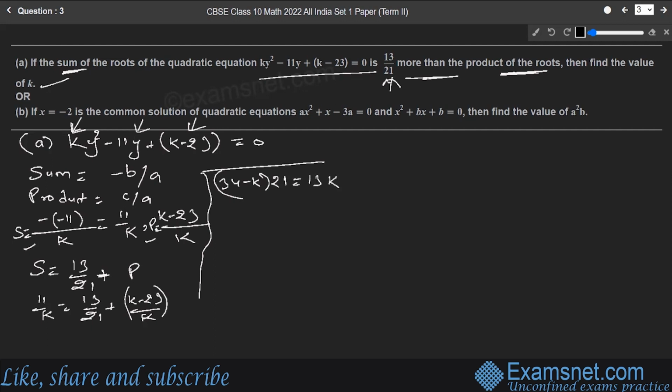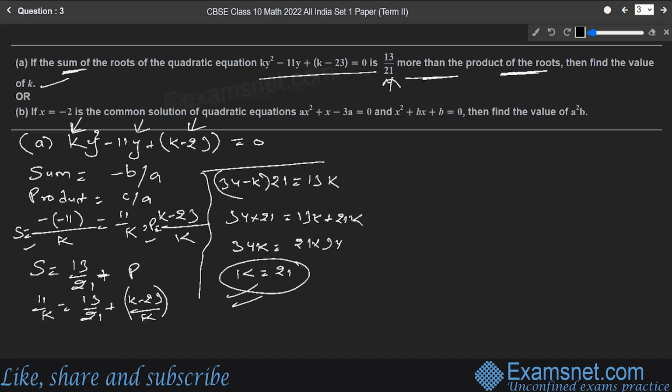If you solve this further, this is giving you 34 into 21 is equal to 13k plus 21k. If you solve this further, this is giving you 34k is 21 into 34. So this gives you k value as 21. That was what was required. So the k value comes out to be 21.